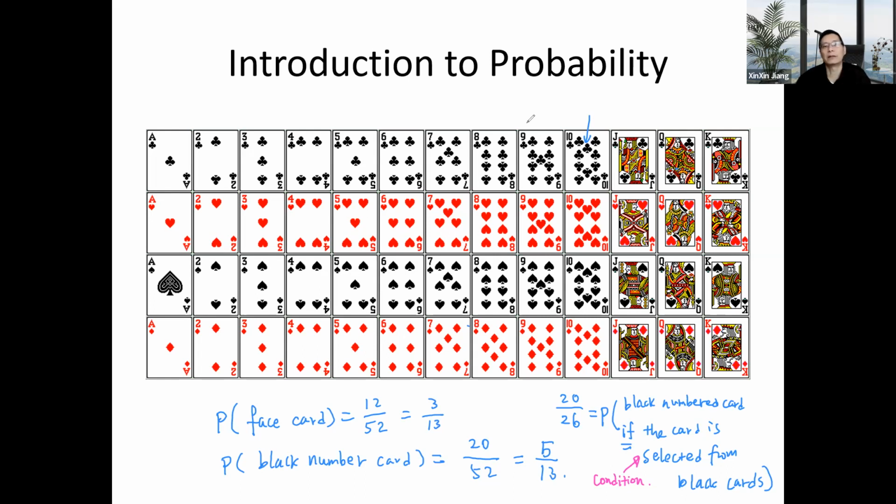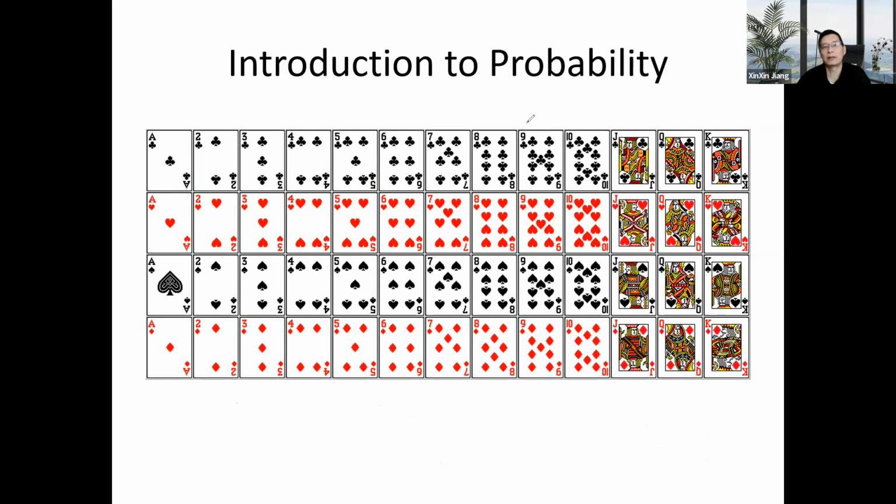All right, next one. Let's find the probability a card is a club or 10. What is that? So that one is a little bit trickier.